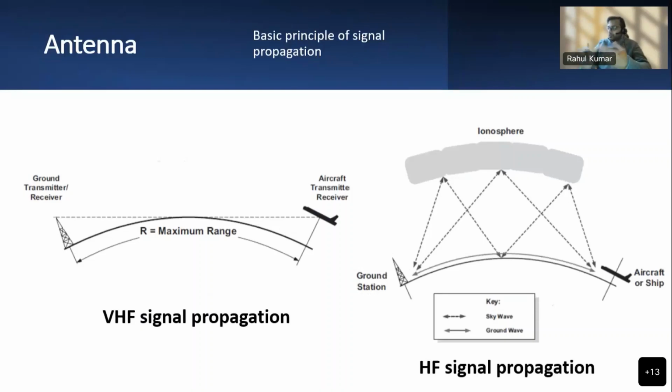Before discussing the VHF and HF communication systems, just to highlight the key difference between the two: your VHF is mainly used for line of sight signal propagation.